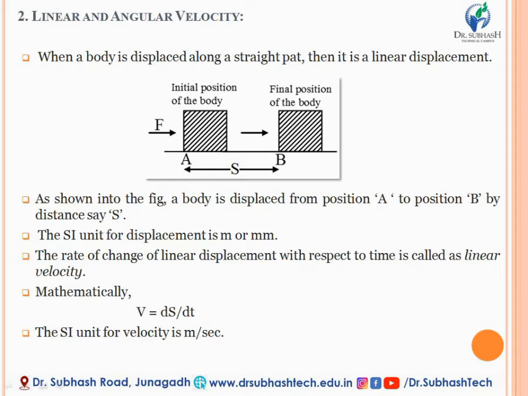The mathematical relation for linear velocity is the differentiation of the displacement with respect to time. Over here it is linear velocity because whatever displacement is done by the body from A to B is a linear displacement. So the velocity you are measuring with respect to time is of course the linear velocity, and the SI unit for linear velocity will be mm per second or meter per second.